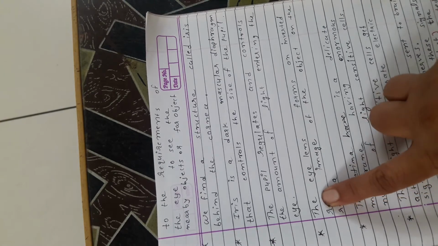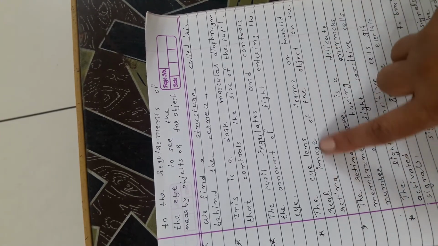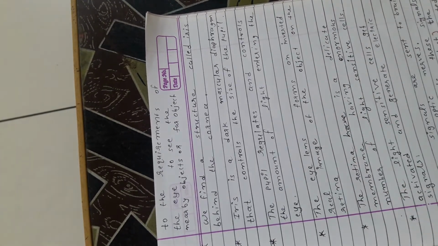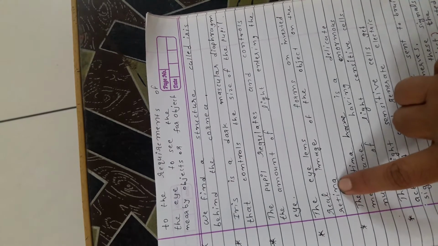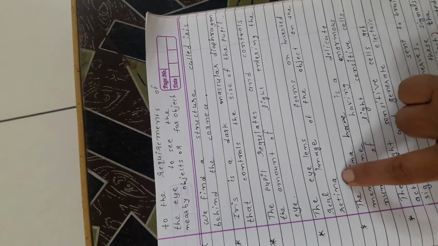Then the eye lens forms an inverted real image of the object on the retina. Means the image of the object always forms on the retina.